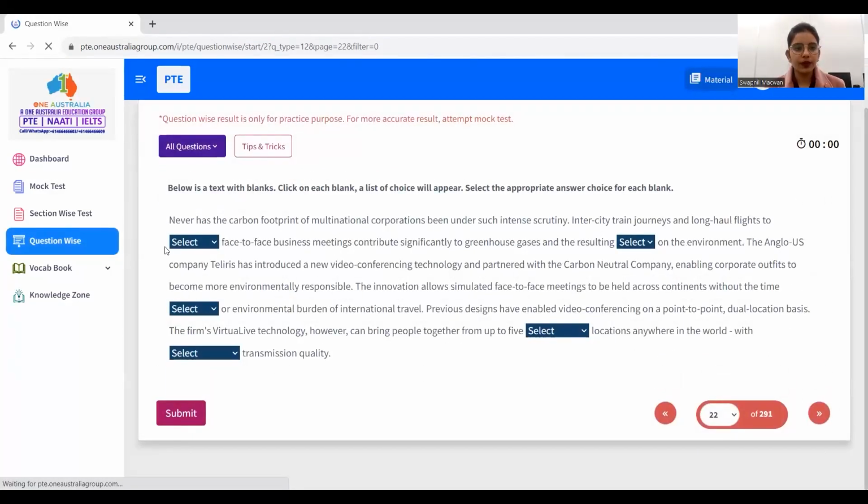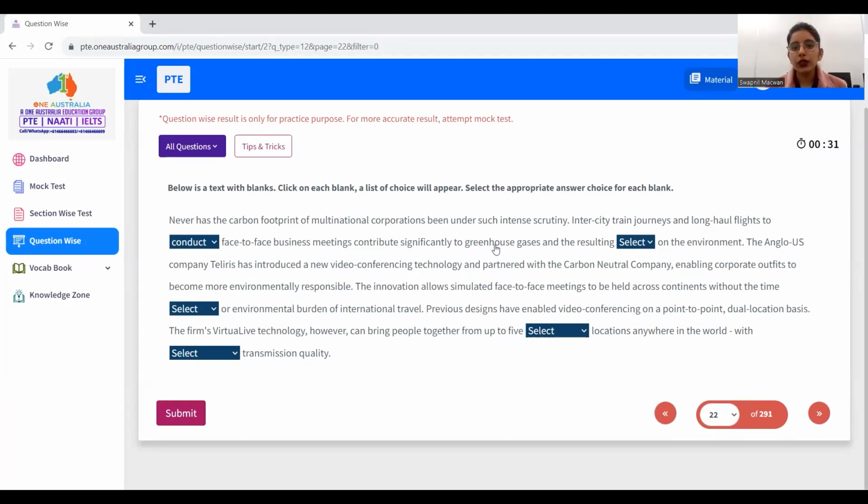Next question. Never has the carbon footprint of multinational corporations been under such intense scrutiny. Intercity travel journeys or long-haul flights to dash face-to-face business meetings. Now they are talking about face-to-face business meetings, which should be conducted.